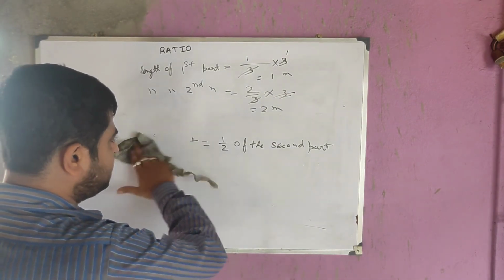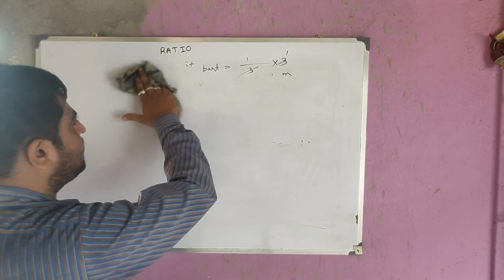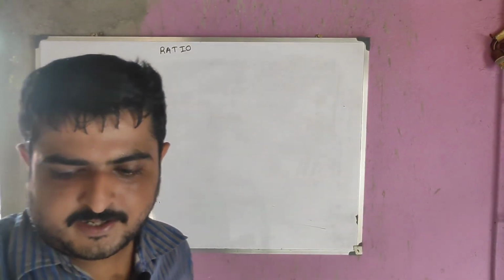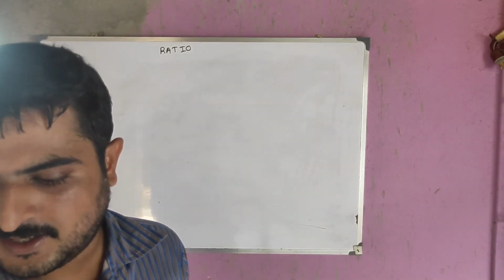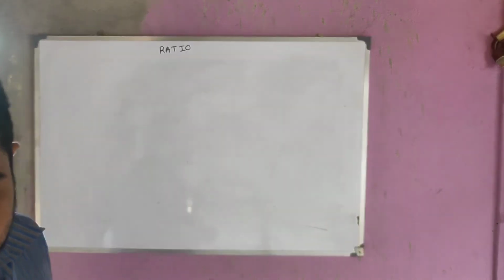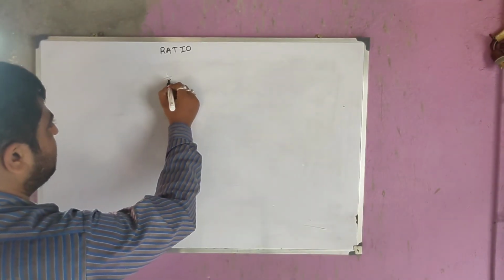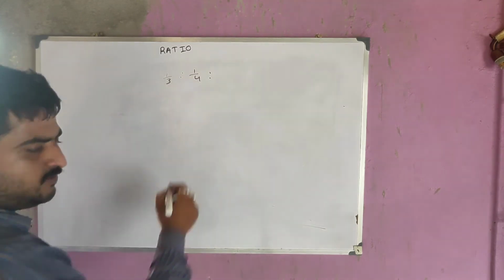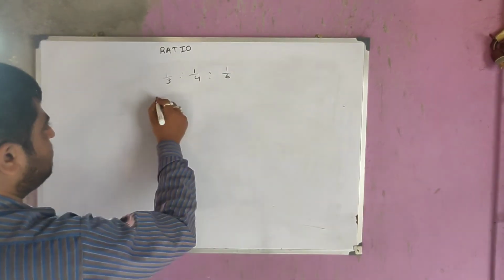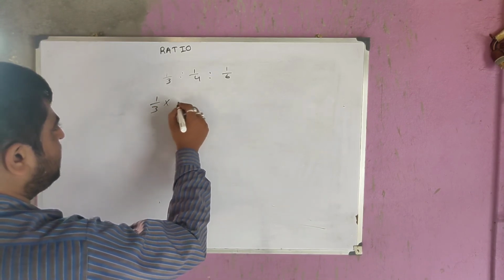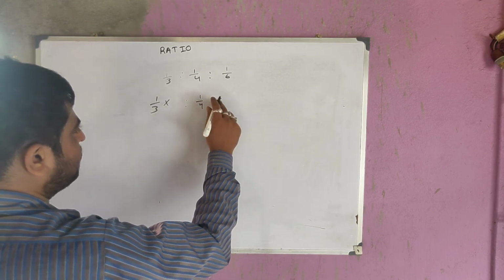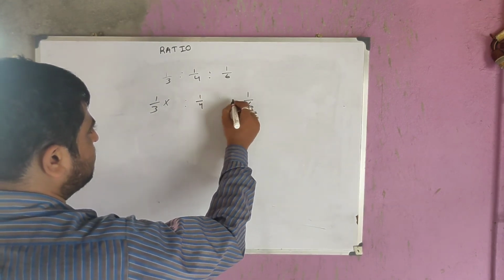Next, rupees 180 are to be divided among three children in the ratio 1:3, 1:4, 1:6. Find the share of each child. So 1 by 3 is to 1 by 4 is to 1 by 6. They are in fractions, so we have to multiply with the LCM of their denominators.